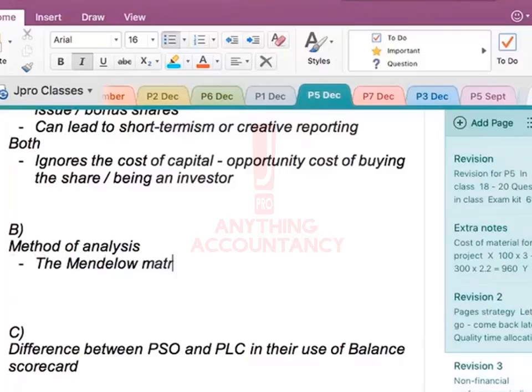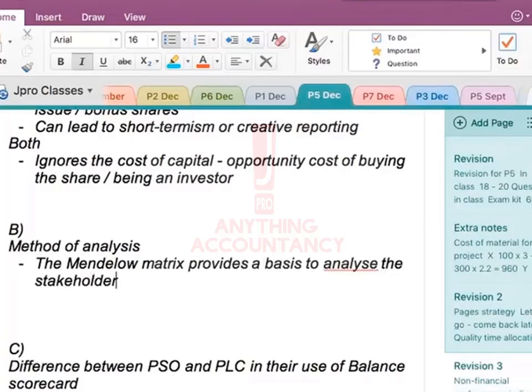Mendelow's matrix provides a basis to analyze your stakeholders, using power and interest.